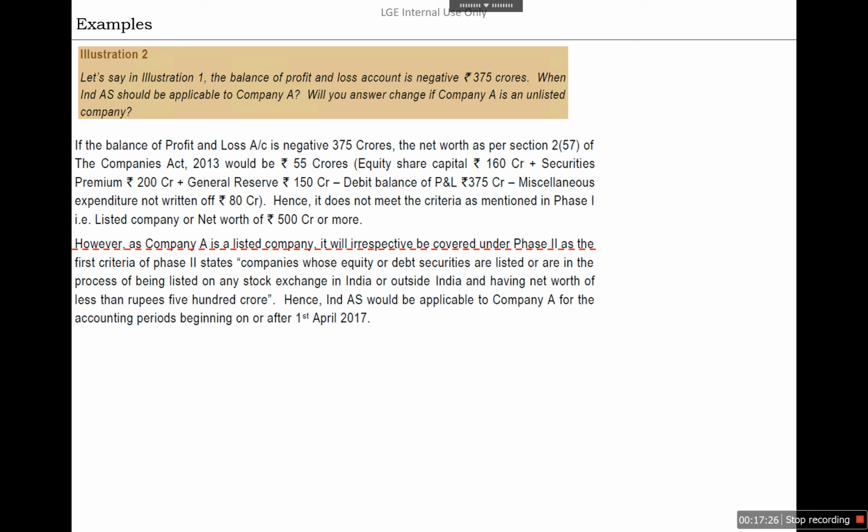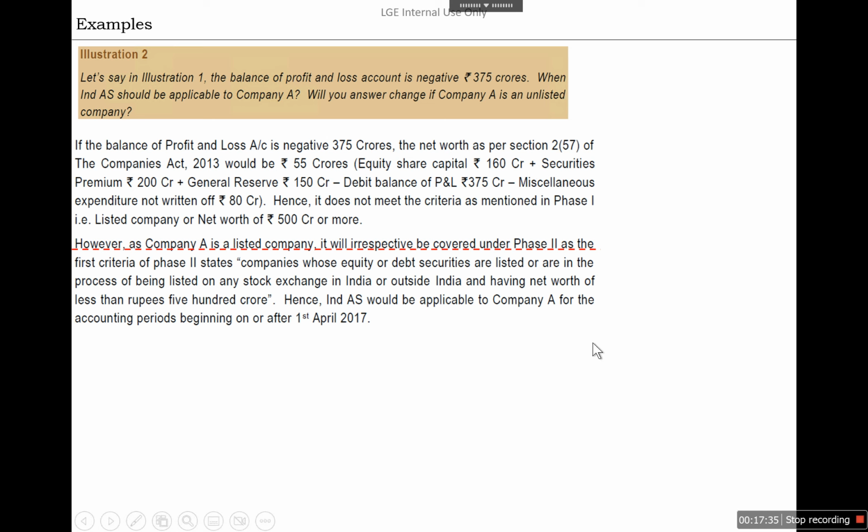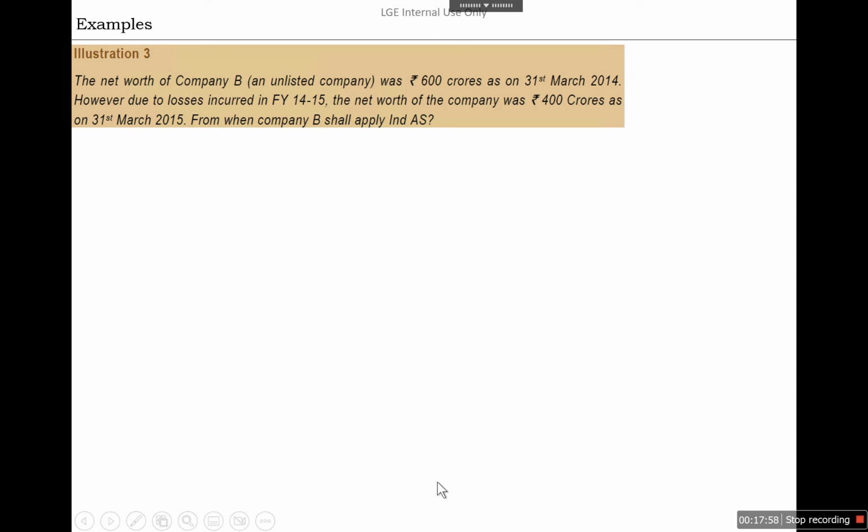But will the answer change if A is unlisted? Yes, because in this case the net worth will play a major role, since phase 2 for unlisted companies depends on it. All the listed companies are covered under phase 2.